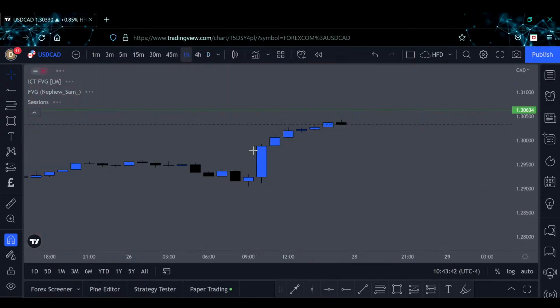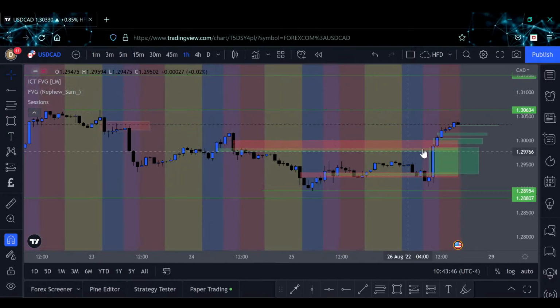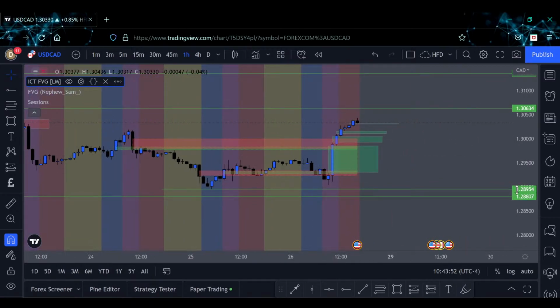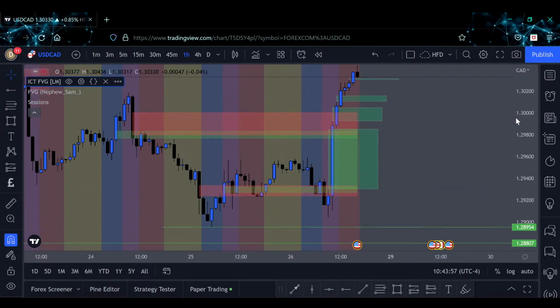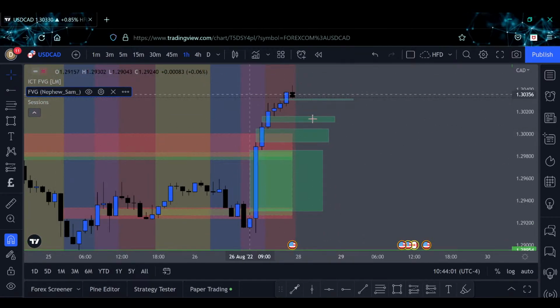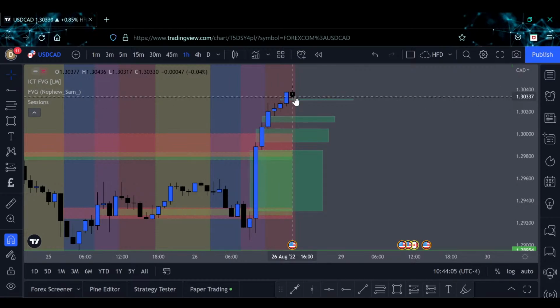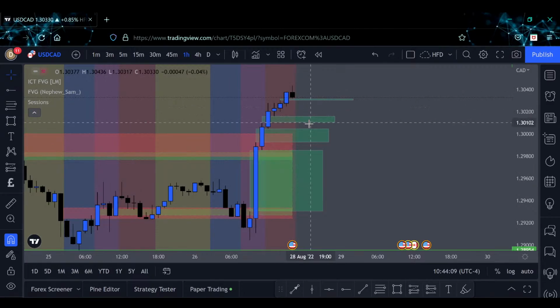We'll drop down. So if there was going to be a pullback, it could possibly be into one of these fair value gaps. And clearly it's due a pullback. So bullish up, some sort of pullback.